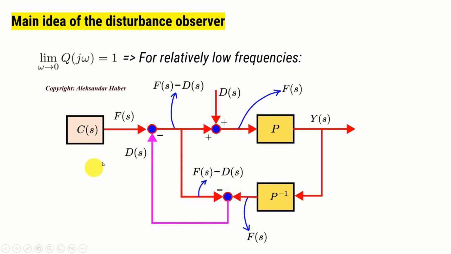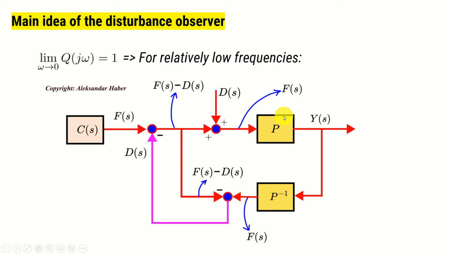That is, by estimating the disturbance and by adding this disturbance with the negative sign to the output of the controller, we are able to cancel the external disturbance d of s. And consequently, over here at the input of the plant, we are only left with f of s. That is, we are only left with the unperturbed output of our controller that's computed by the control algorithm.